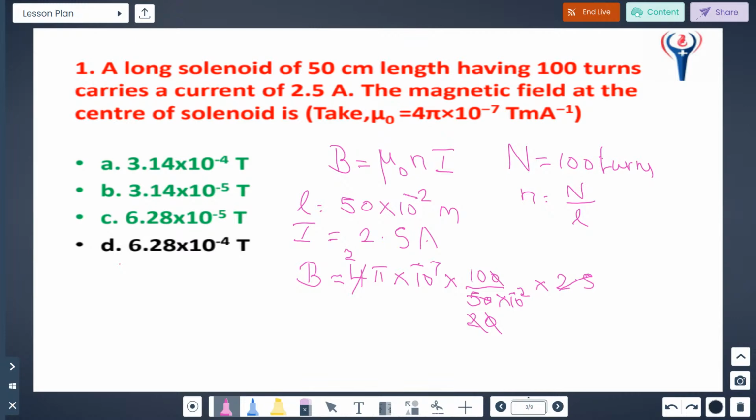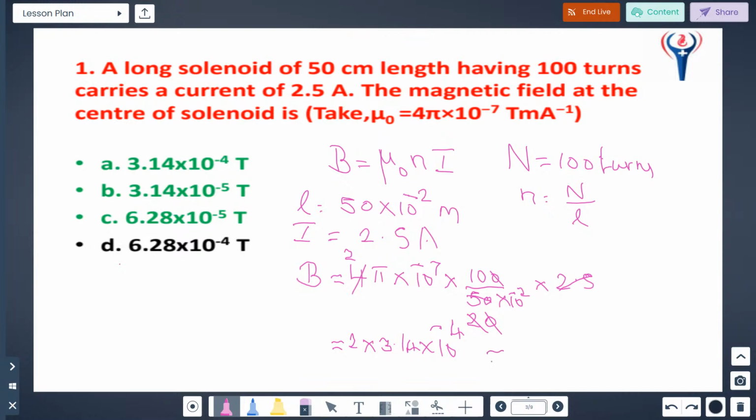2 pi value is given is like this, 3.14, 6.28. So apply pi value as 3.14. Therefore, B equal to 2 into 3.14 into 10 power minus 7 into 10 power 1, 10 power minus 6, and 10 power 2 comes up, then 10 power minus 4. 2 into 3.14, 6.28.